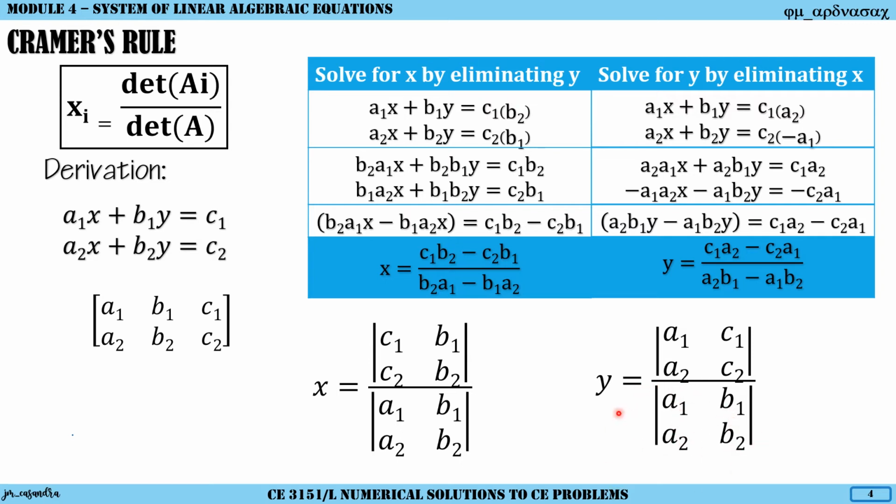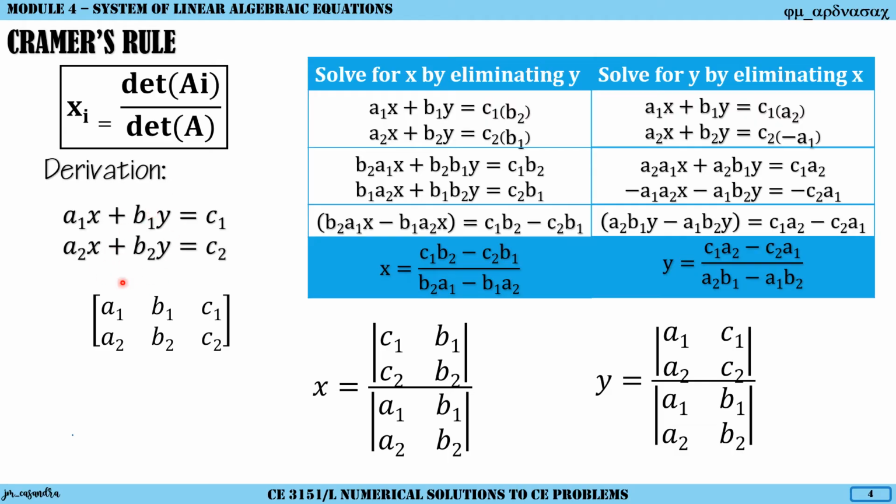So again, we're going to observe the denominator will be the determinant of our variable coefficients, and for the numerator, since we are solving for y, what we change is the column of y, which is b.